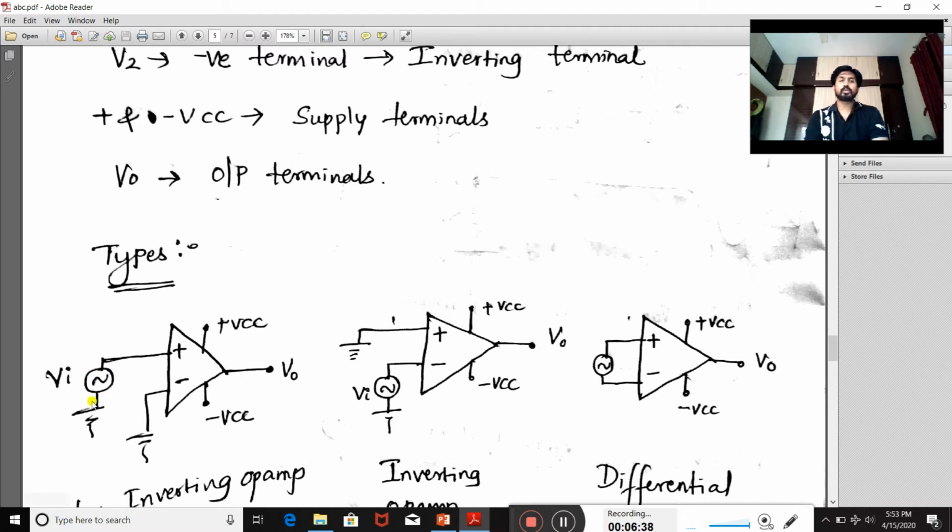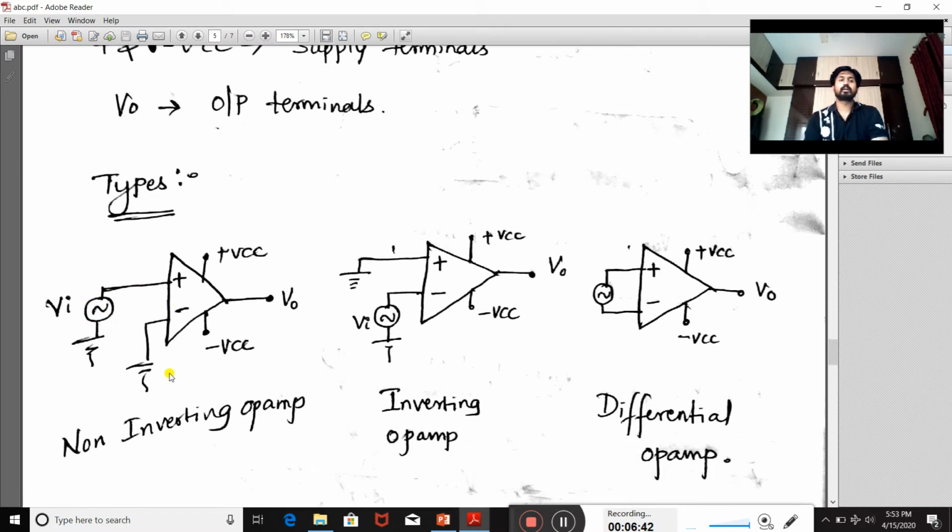If you connect the source or signal to the positive terminal, it is called a non-inverting operational amplifier. If you connect the signal at the negative terminal, it is called an inverting operational amplifier. And the third one is when you connect the signal or source between both terminals, hence it is called a differential operational amplifier.